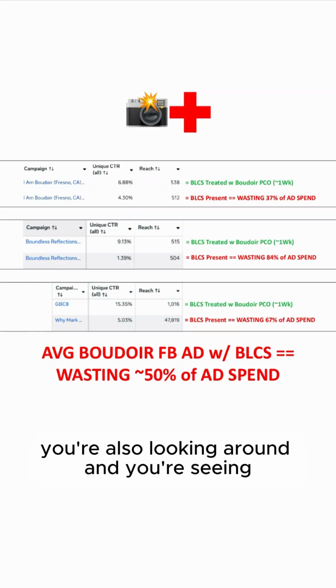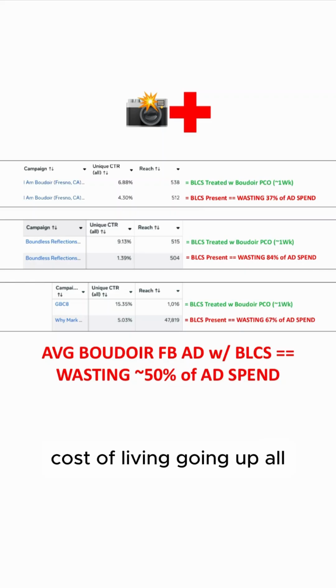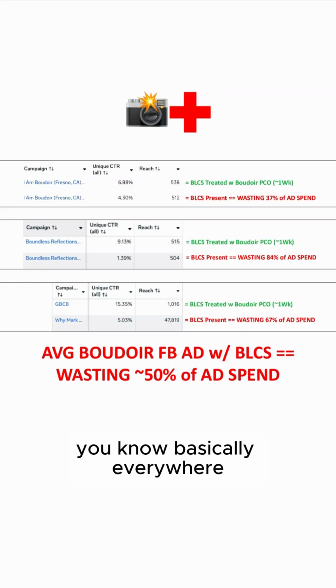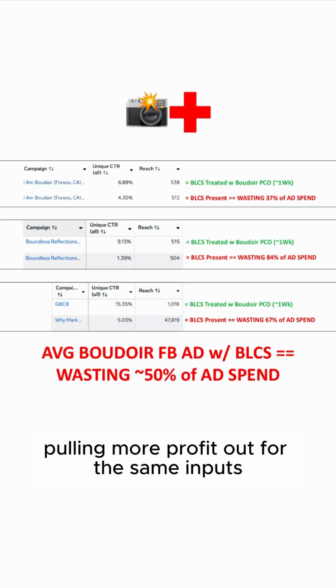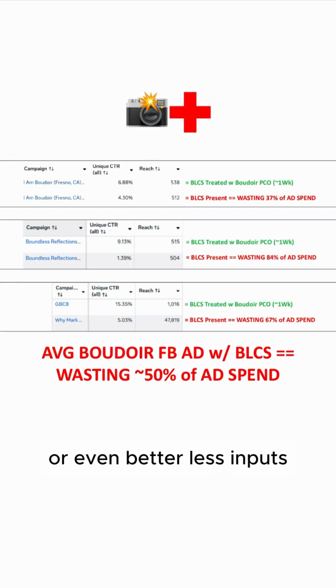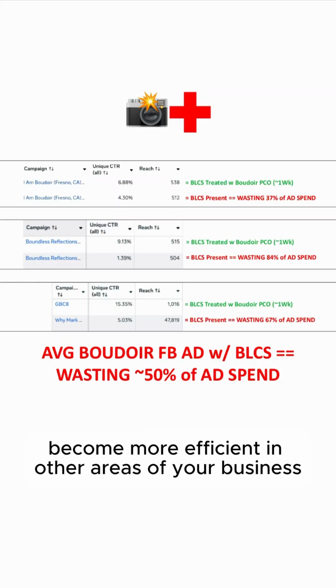You're also looking around and seeing inflation, cost of living going up basically everywhere. So you've already been optimizing the business, pulling more profit out for the same inputs, or even better, less inputs, becoming more efficient in other areas of your business.